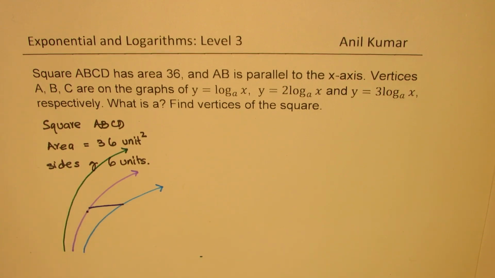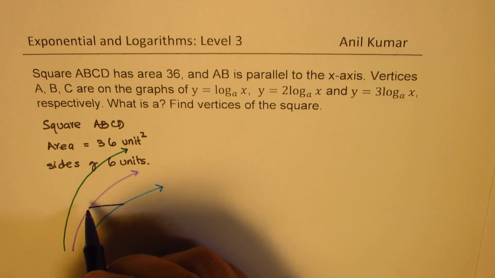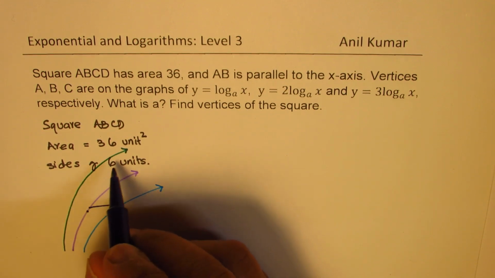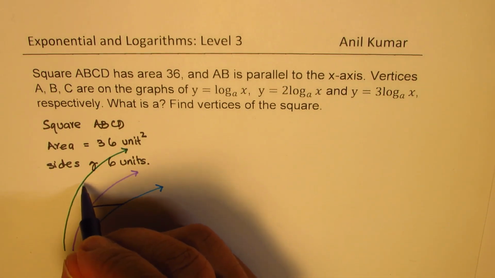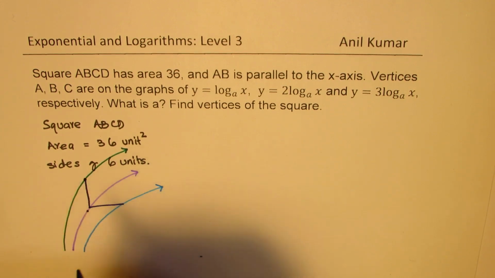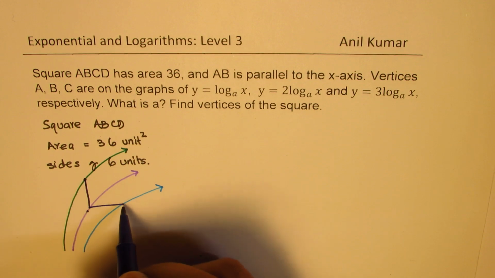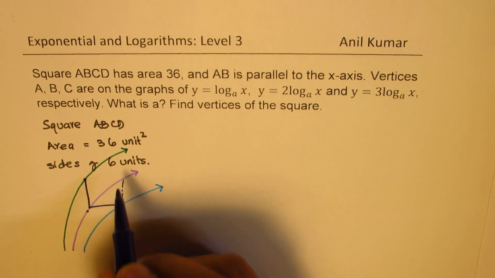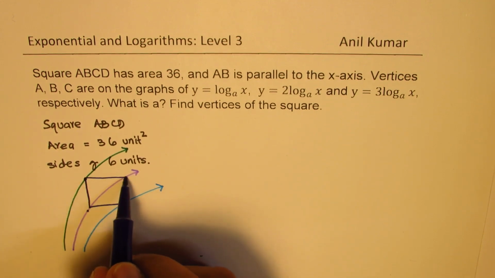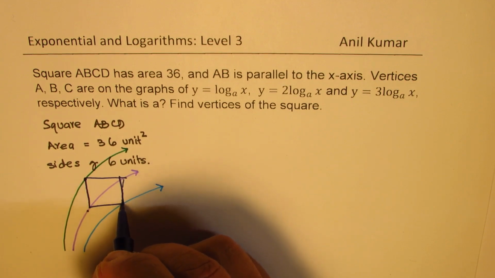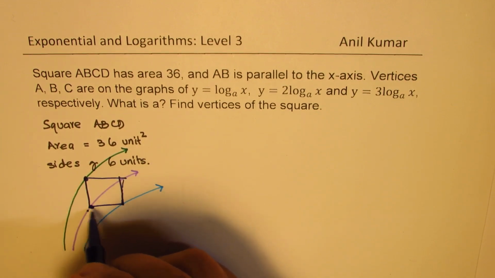So if we have to make a square, we have to go up. Third vertex C is on the graph of the third function, vertically stretched by 3. So the third vertex will be kind of here, right? So more or less, we got a square here. Definitely this is an approximate diagram, right? So we do form a square.